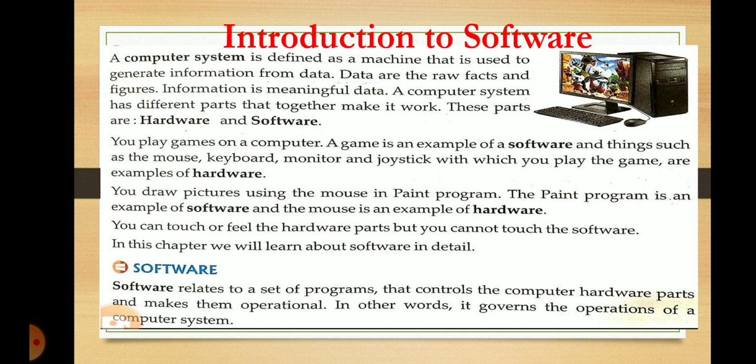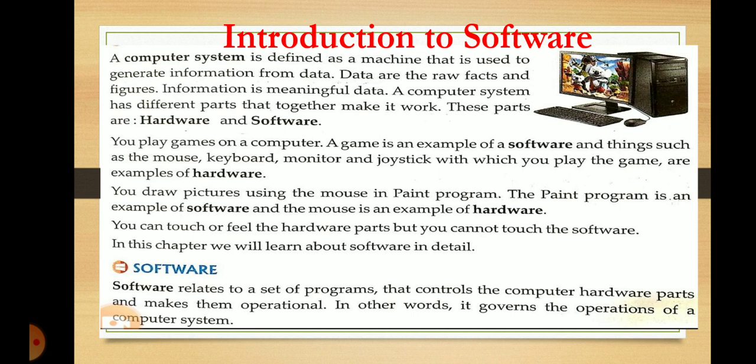Students, you play games on a computer. A game is an example of software, and the things such as mouse, keyboard, monitor, joystick with which you play the game on your computer are examples of hardware. Sometimes you draw pictures using a mouse in Paintbrush.